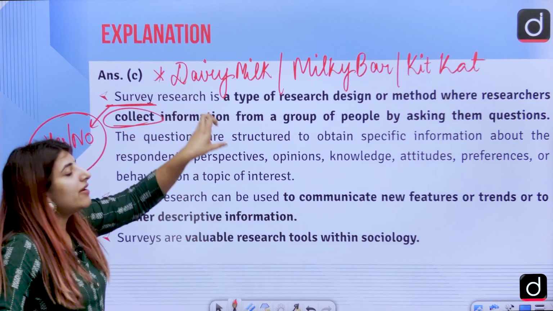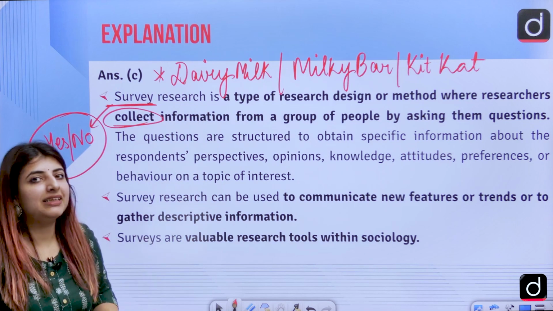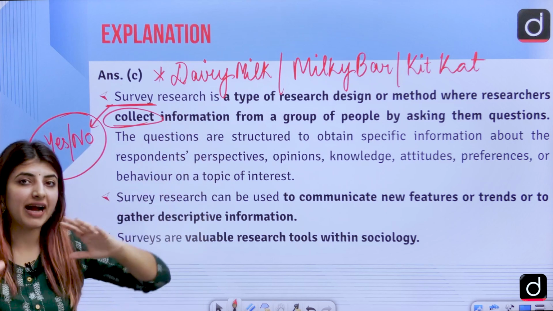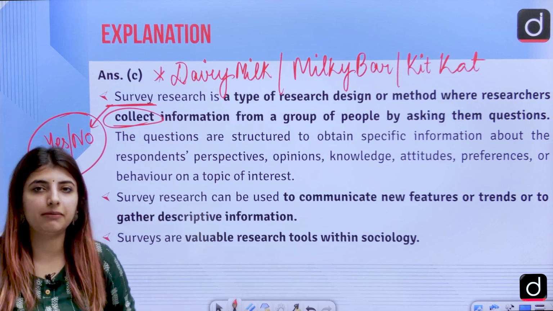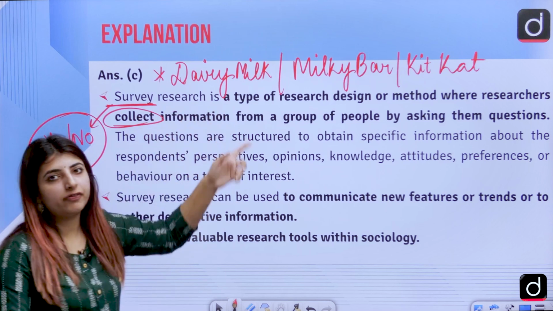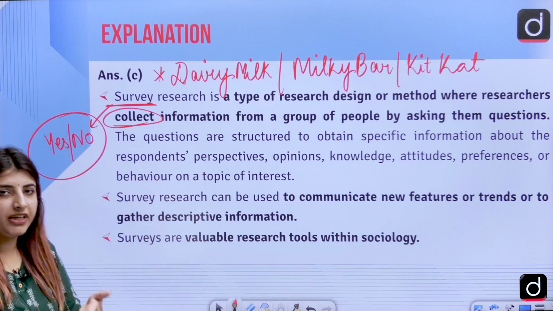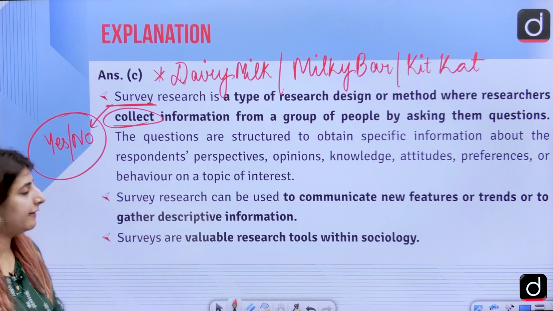Whosoever, the multiple people will be answering these questions, and the maximum number of whichsoever chocolate brand is the one which has been chosen by the participants, that will be thought of as the most popular brand of chocolates amongst the teenagers or whatever group I'm targeting.